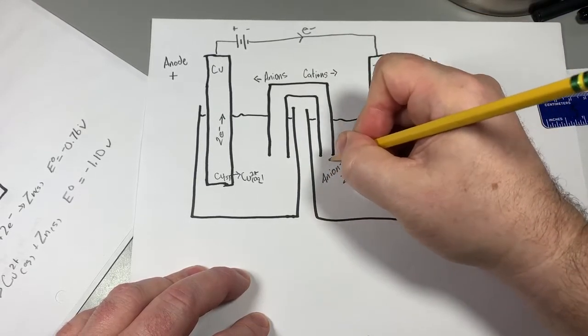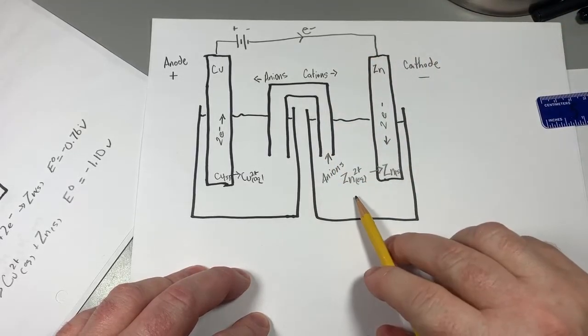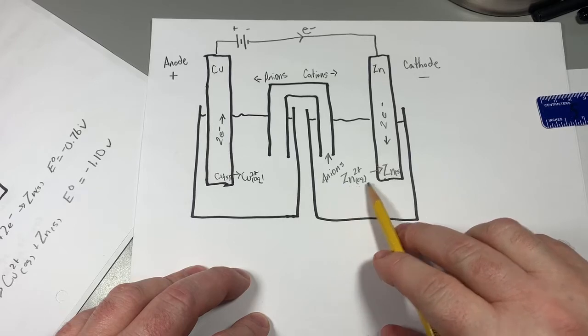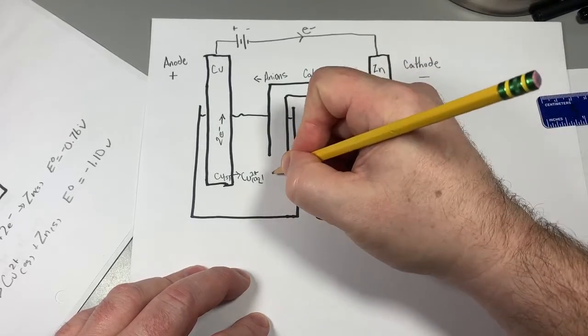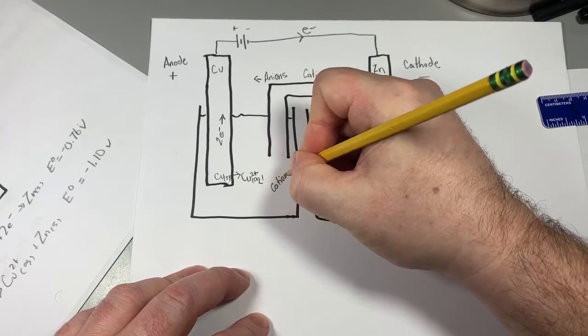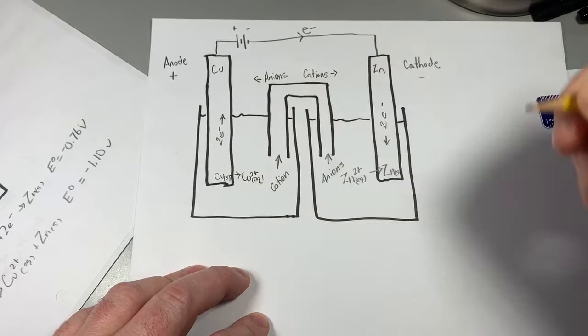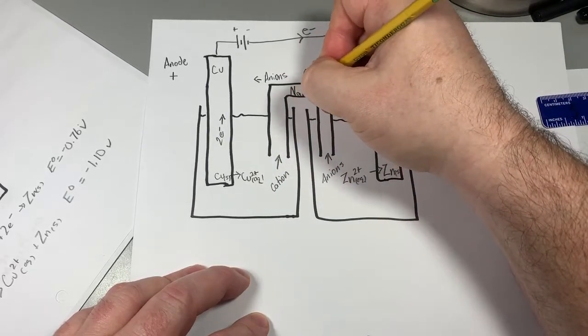Anions are leaving the cathode half cell, just as cations are leaving the anode half cell, to keep charge balance. The salt bridge is still filled with sodium nitrate.